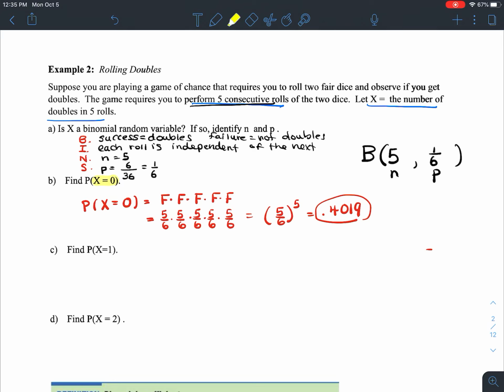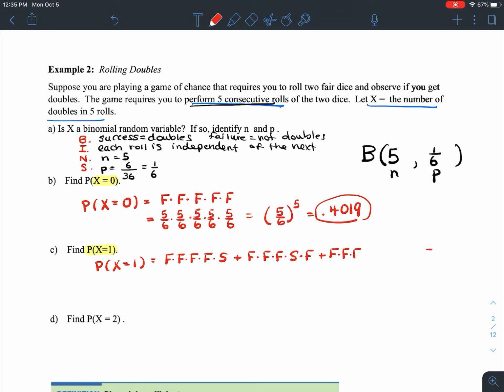Okay, so now we're asked, what's the probability that in just one of those 5 rolls we would get doubles? Okay, and so as I start to write out what those different options might look like, the first 4 rolls could be not doubles, but then the last one could be the one that was doubles.